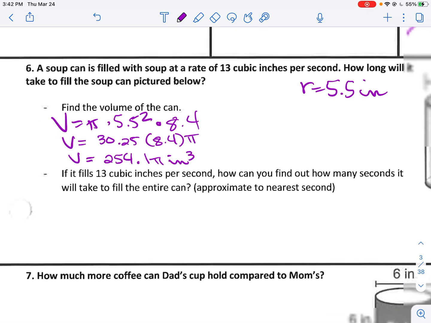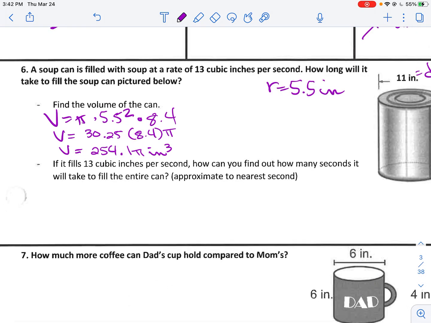Now, I don't want to do anything with that pi quite yet. Why? Because I don't like to round anything until I absolutely have to.